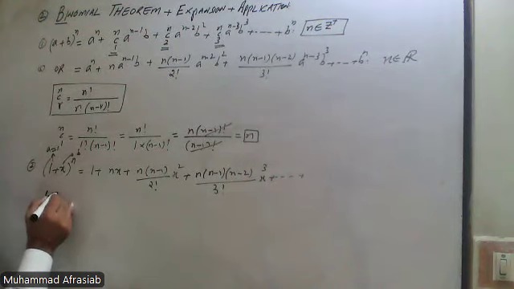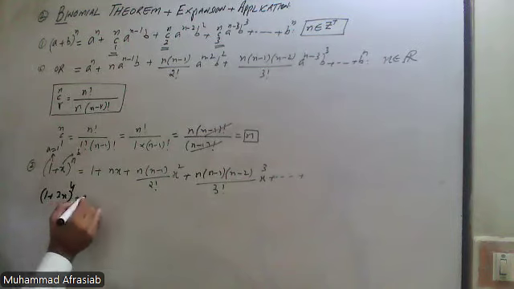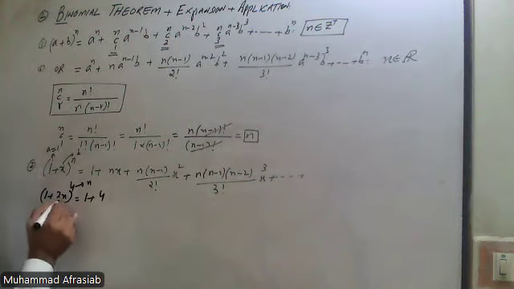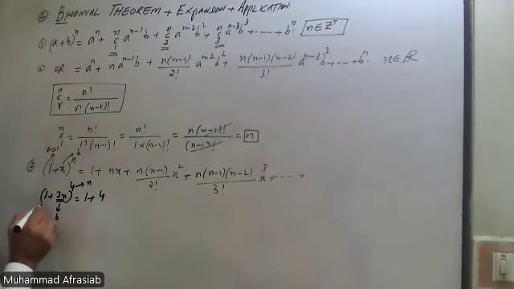(1 + 2x)^4. So it should be equal to 1 plus 4, n is 4 there, and this 2x is equal to b, where a is equal to 1.